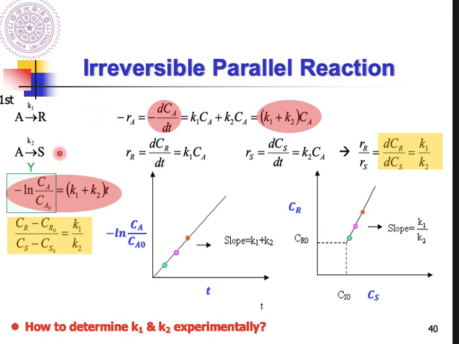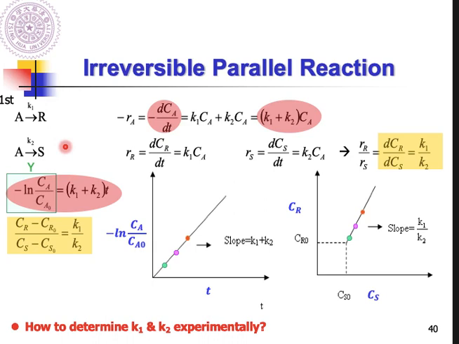And here, my consumption rate of reactant A equals what? K2 CA to the power 1, and you substitute the value of K2 you just derived or calculated. So this is an irreversible parallel reaction. Based on this experimental data and design, you can reconstruct the rate equation for these parallel reactions.